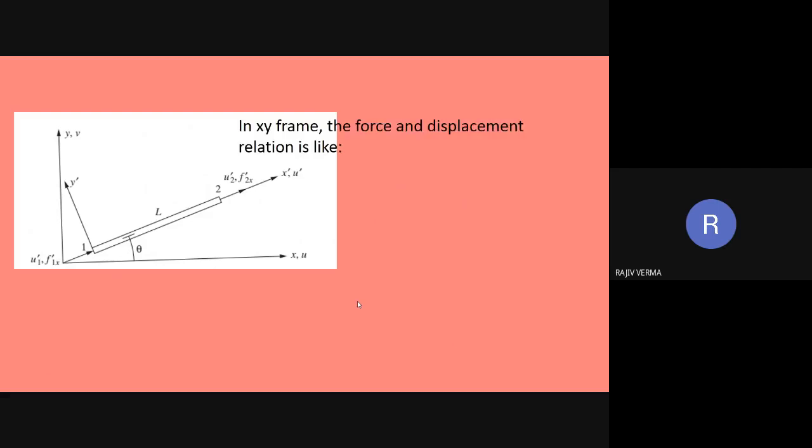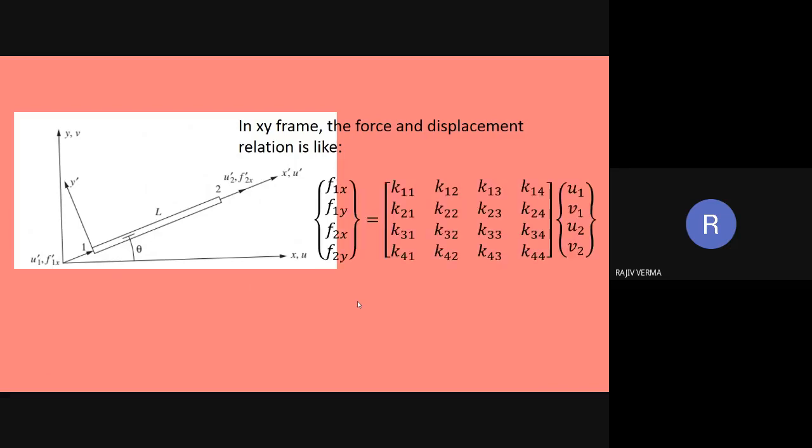In the xy frame, that is the global coordinate frame, what we want is a relationship between the displacement and force, given by the equation on display.